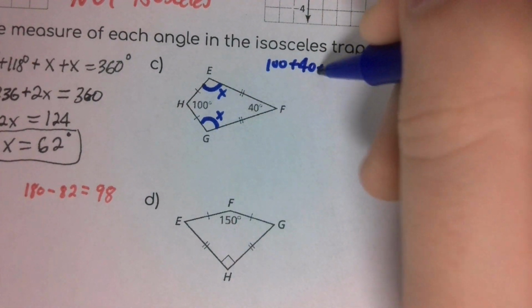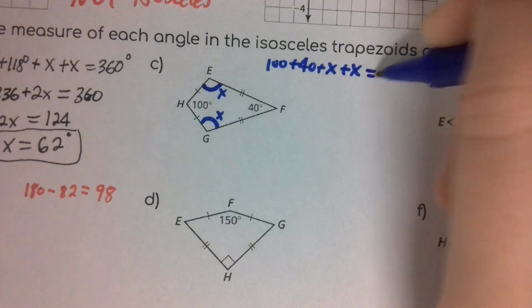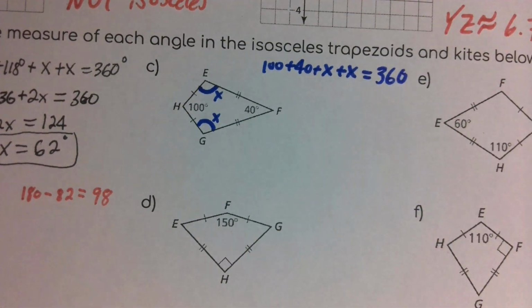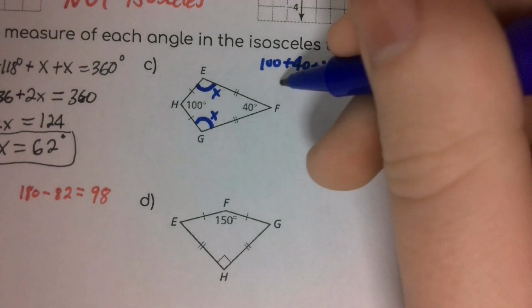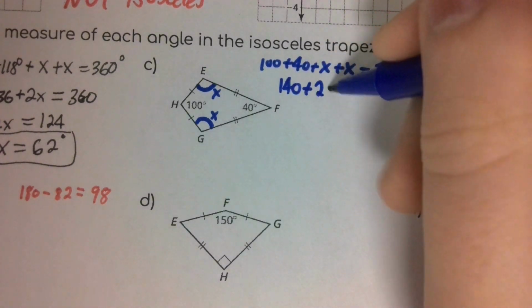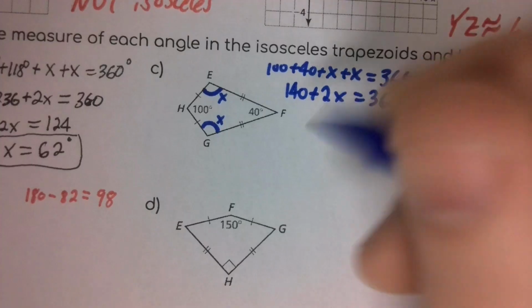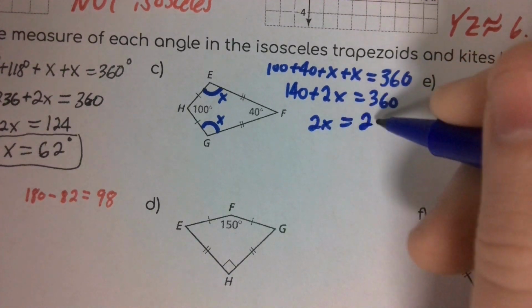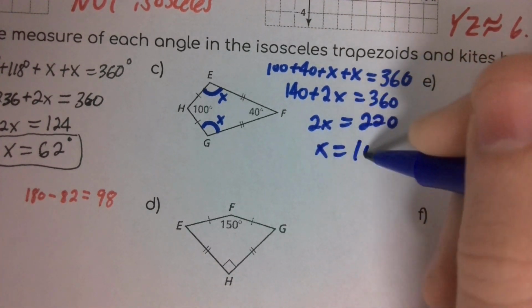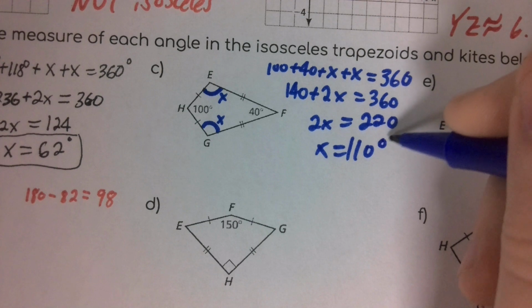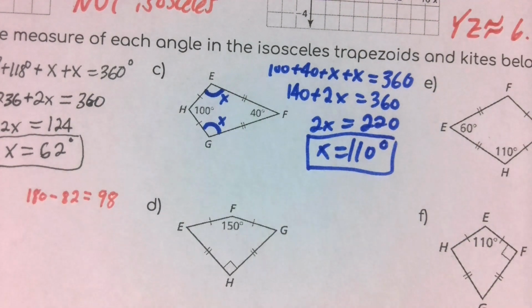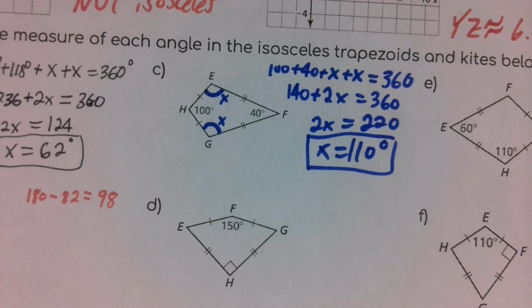We can then say that all the angles have to add up to 360 and solve. We'll get 140 plus 2x equals 360, which means that 2x equals 220. Both of these angles, E and G, are 110 degrees.